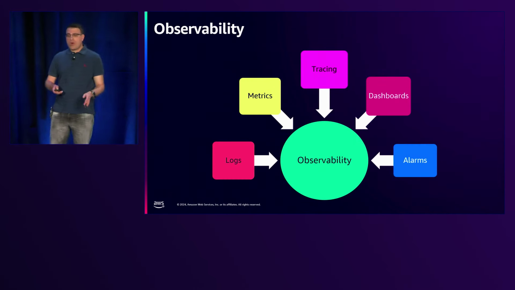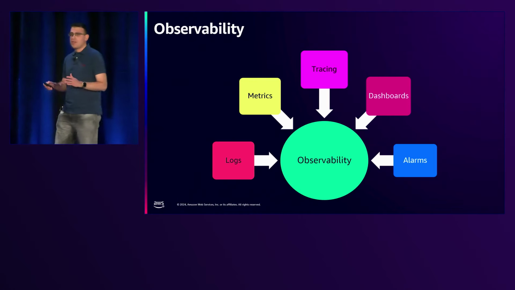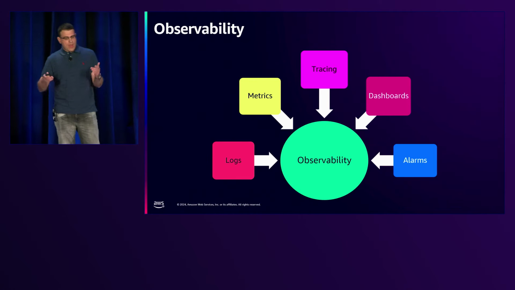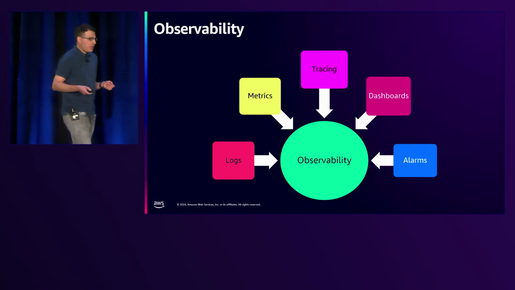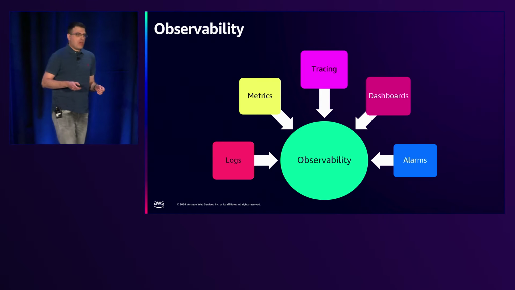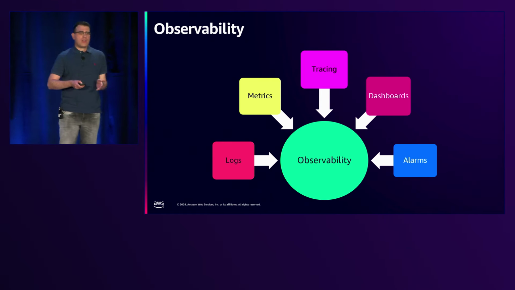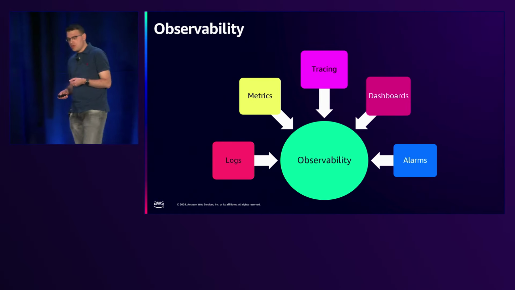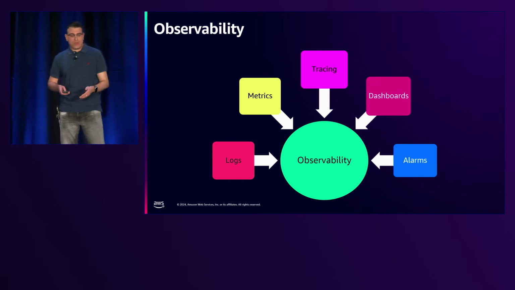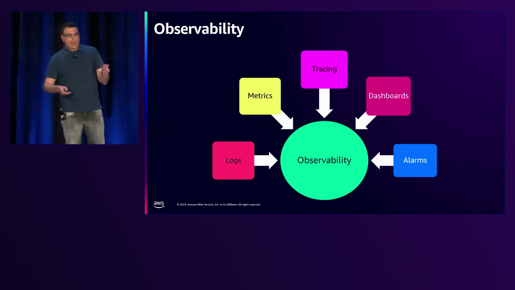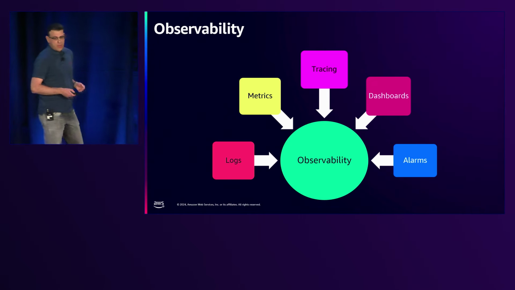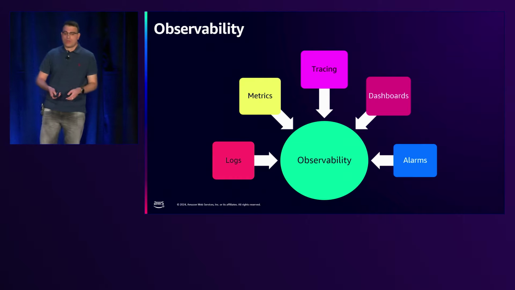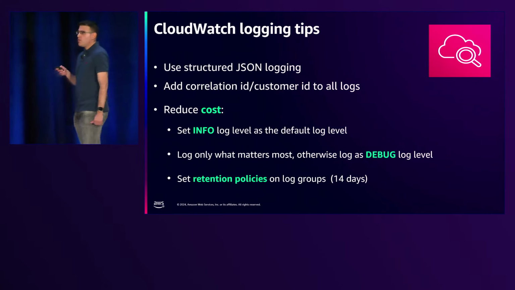OK, now let's talk about observability, which is another important aspect of production-ready services. Observability is basically the unified language across the organization that allows us to debug a customer request across multiple teams and services. It consists of CloudWatch logs, CloudWatch metrics, X-Ray traces, CloudWatch dashboards, and alarms. Let's start with logging.